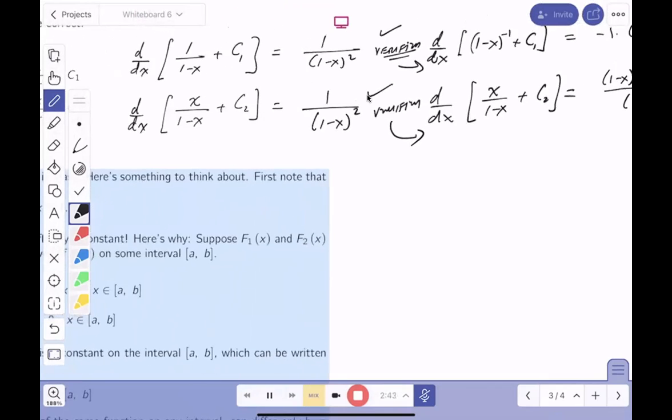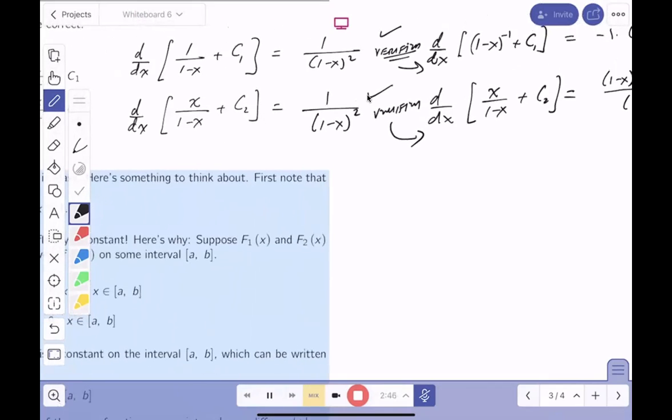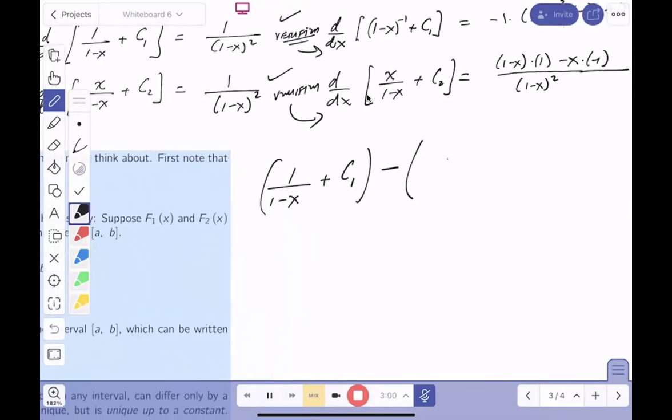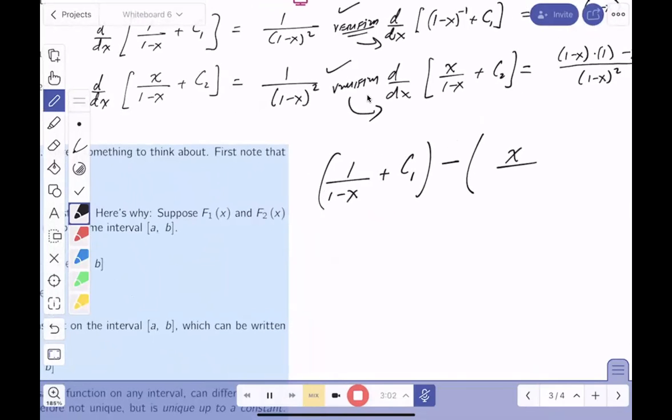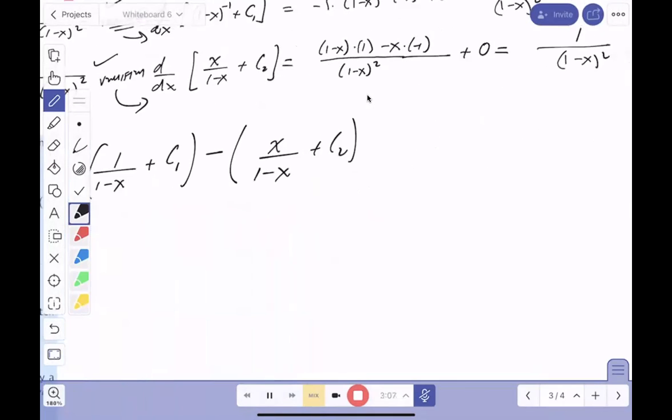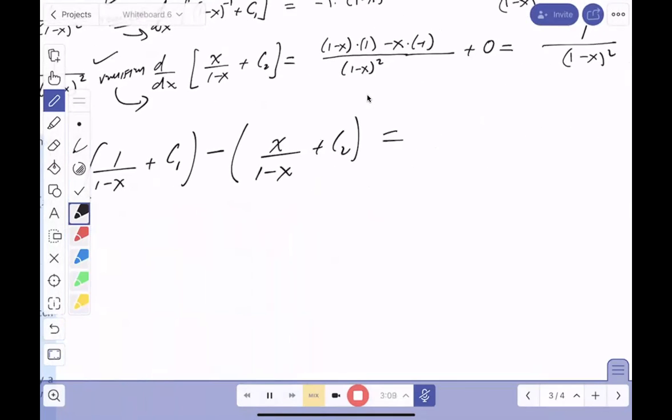I want to point out that these things differ by a constant. Let me go through that with you. So 1 over 1 minus x plus c1 minus x over 1 minus x plus c2. My claim over here is that these are going to differ by a constant.